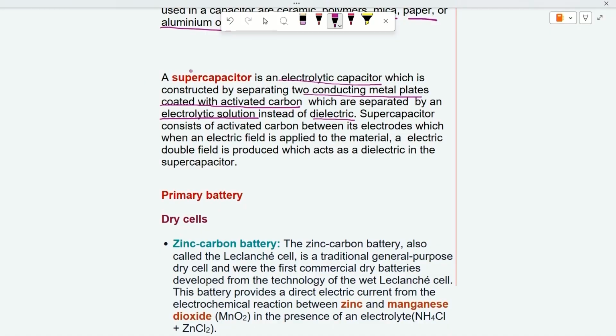So, this is a particular type of capacitor and they are known as supercapacitors because compared to the ordinary capacitor, they can store more electric energy in the form of an electrostatic field.